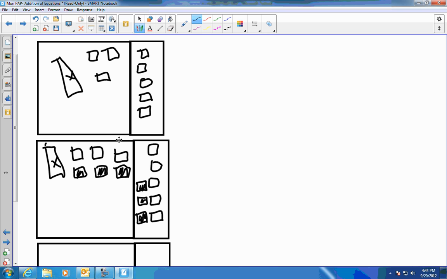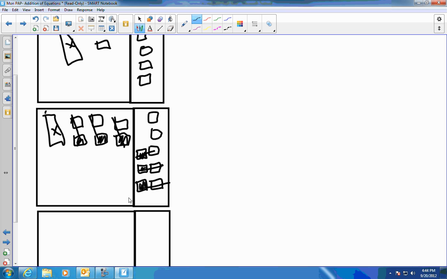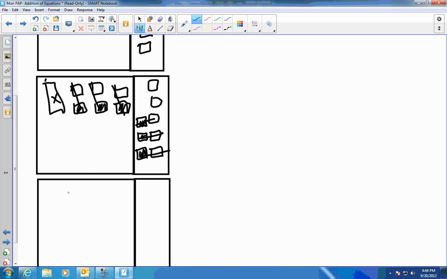This is the setup, this is your work, and then in the final box it'll be your answer. So these guys are going to cancel out or make 0. And in our last box, we're going to have just our x. And then these are the only guys left, which means x equals 2.